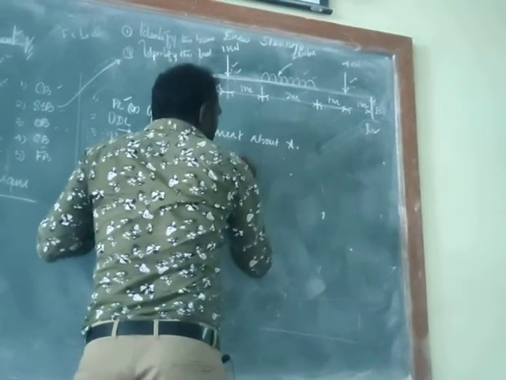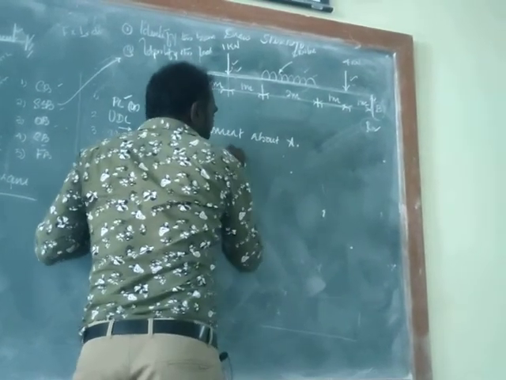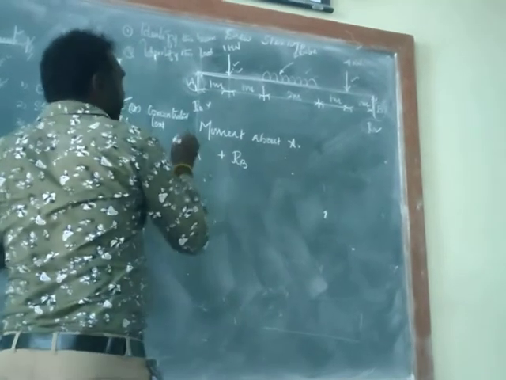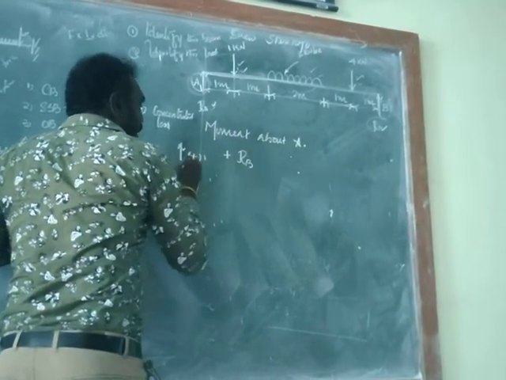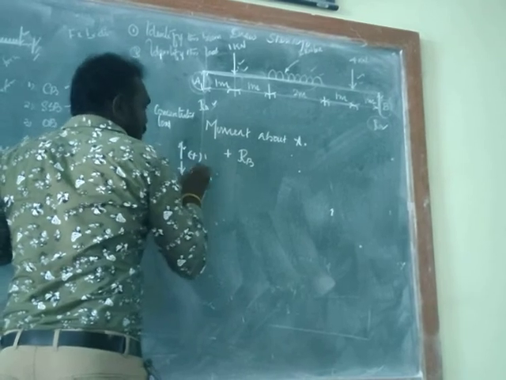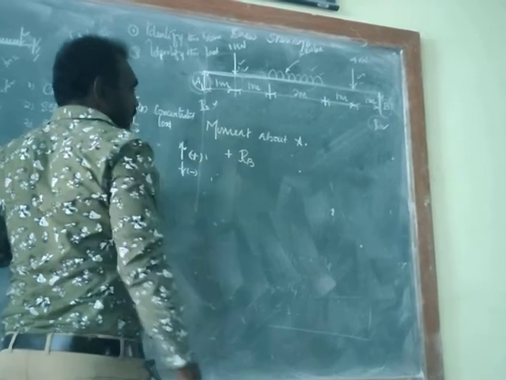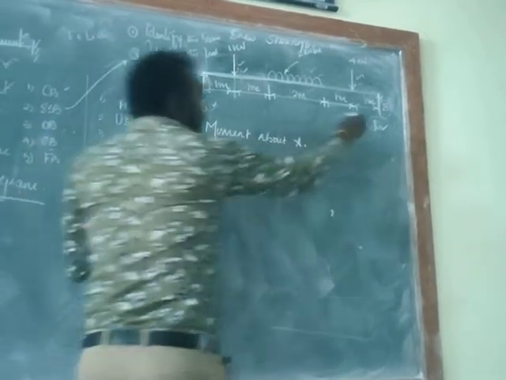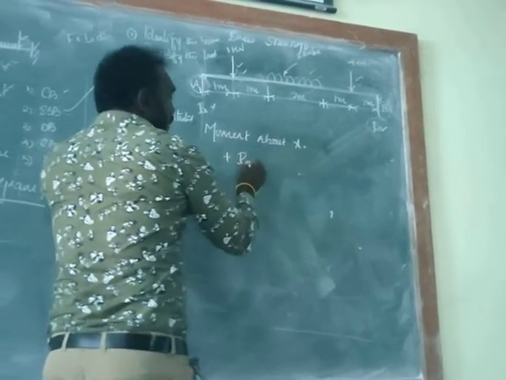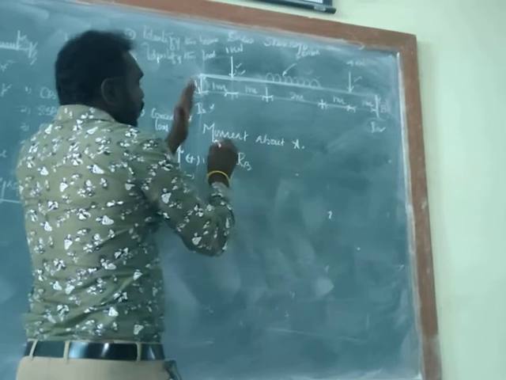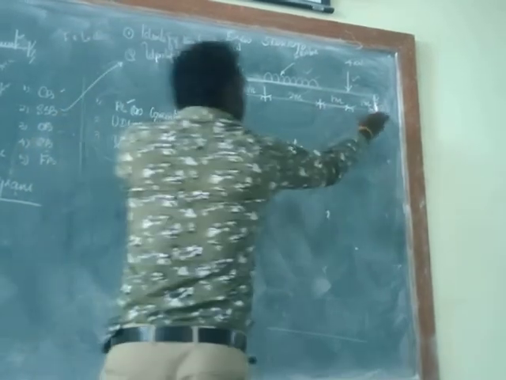Then RB into... For the upward force we put positive, and for the downward force we put negative symbol. Here RB is an upward load, so we put the positive symbol. We are taking moment about A, so RB into distance.